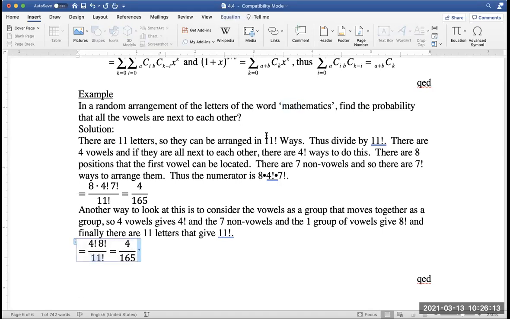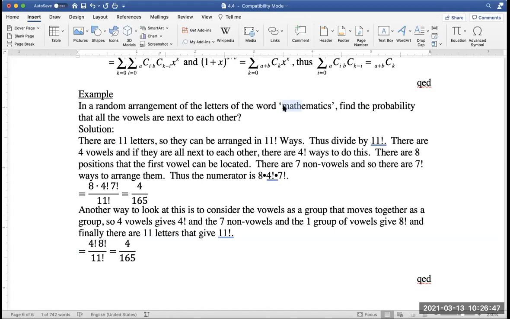There are 11 letters, and so you can put them in 11 factorial ways. So now let's look at what I bundled. I bundled these vowels together in one vowel bundle. And then there are the 7 non-vowels. So there are actually 8 objects here that I can move around. So that's 8 factorial.